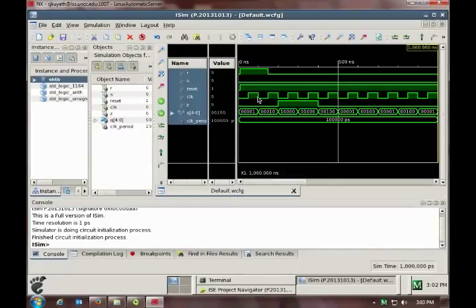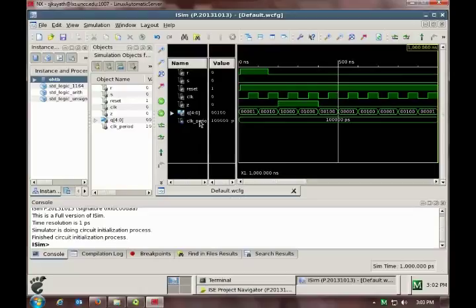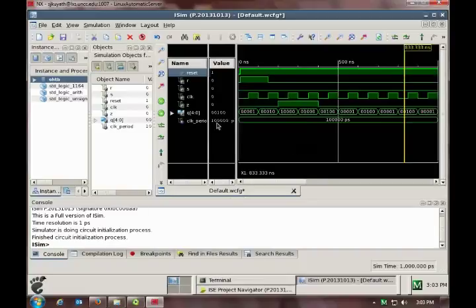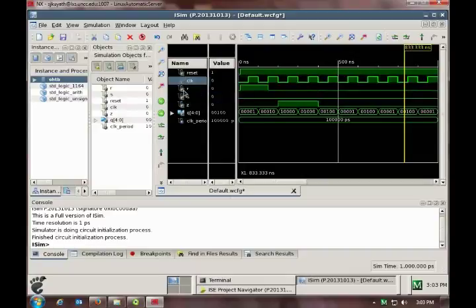So because of that transition of the clock, and again, I like to put my reset at the very top. That's just me. And then I like to put the clock right under that. And then my inputs, and then my output.